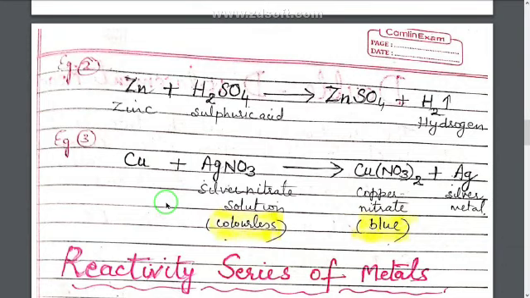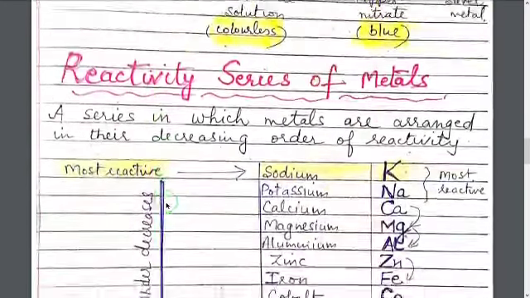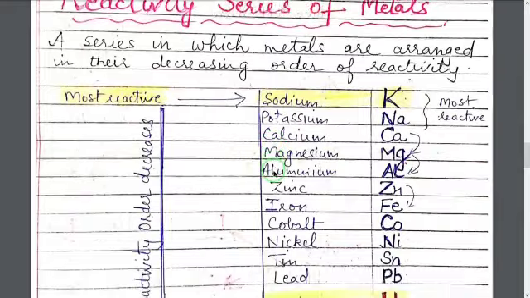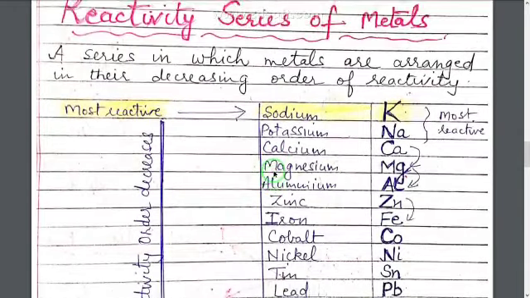activity series or reactivity series of metals, which tells us which metal is more reactive than the other. The reactivity series of metals is a series in which metals are arranged in decreasing order of reactivity. I have given you this activity series, and it is in all the books, so you have to learn it.